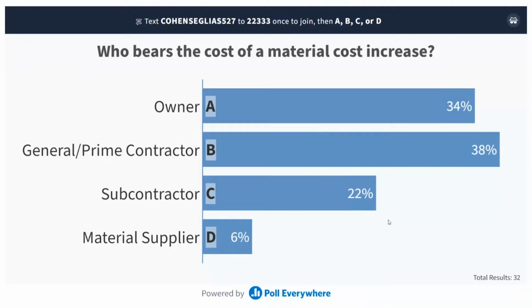All right. Well, as the answers come in, let me give you what I think the answer is. And the answer is, this is a trick question by a lawyer, because there is no one size fits all that it's always the owner or always the prime or always the subcontractor. These are very factually nuanced situations where you have to understand what party is responsible for this business risk of material prices going up and down.